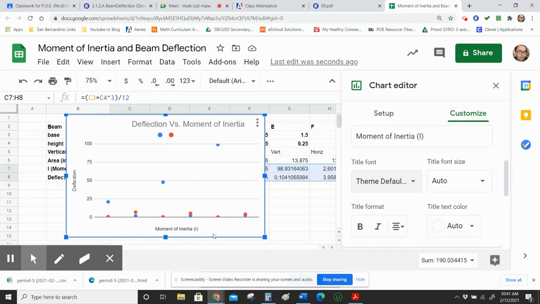The moment of inertia is the resistance to deformation. As the resistance to deformation increases, then your deflection should decrease. So basically the material gets stronger depending on the orientation you put it in. And once the material gets stronger in that orientation, then the deflection should decrease. That's what I was trying to get at with this graph.